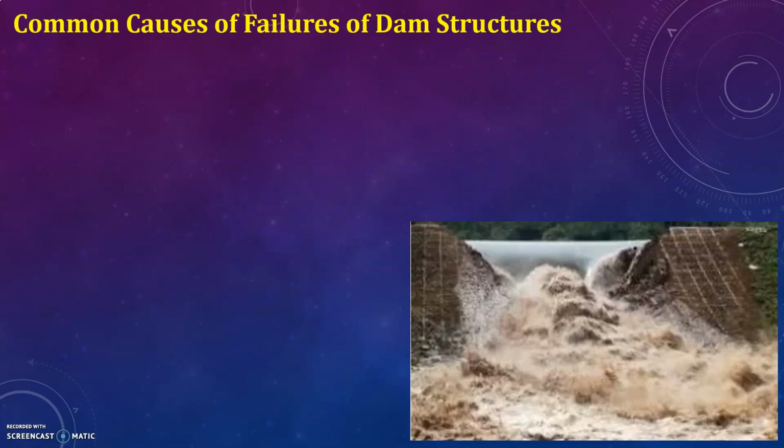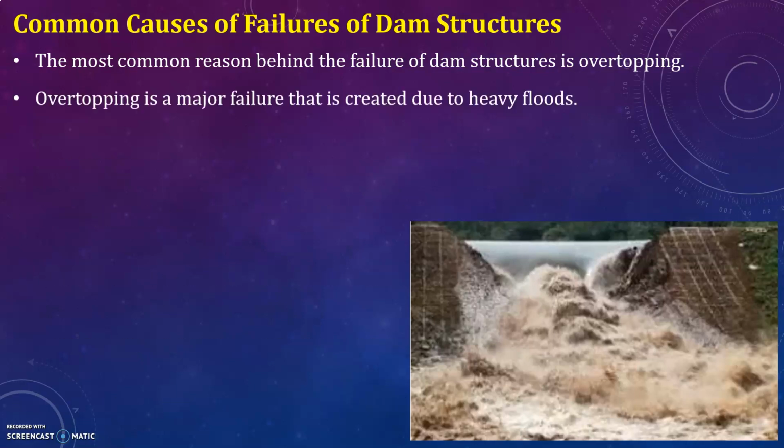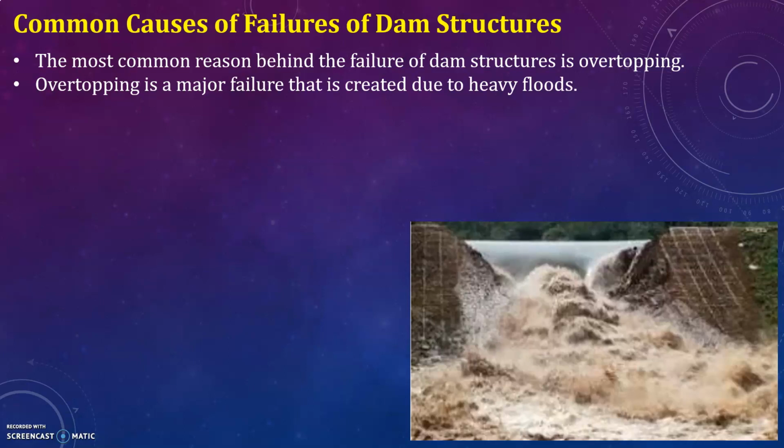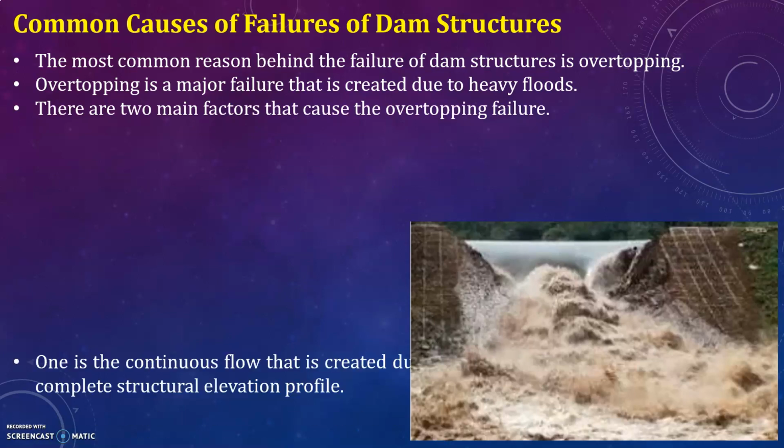Okay, now let us discuss the common causes of failures of dam structures. The most common reason behind the failure of a dam structure is overtopping. Overtopping is a major failure that is created due to heavy floods. There are two main factors that cause the overtopping failure.